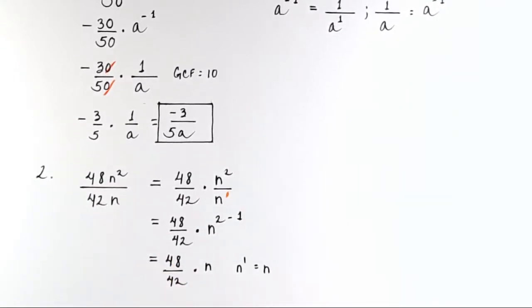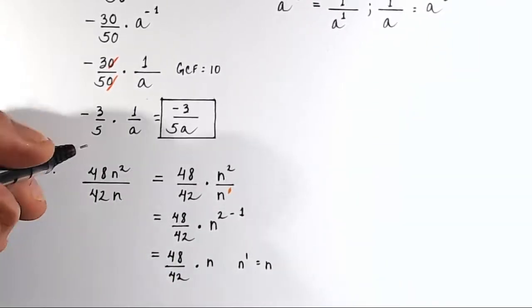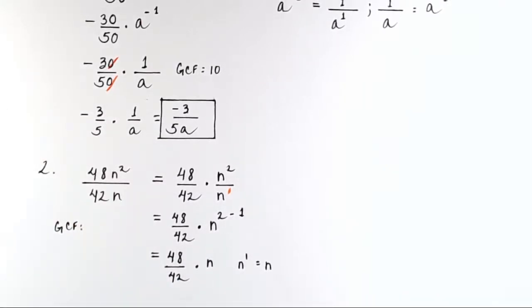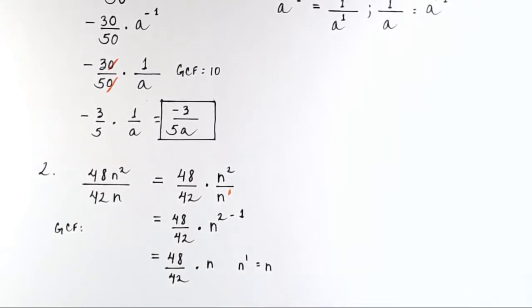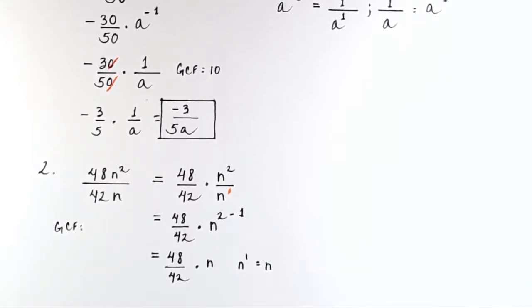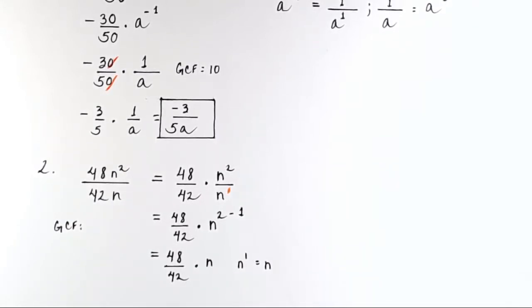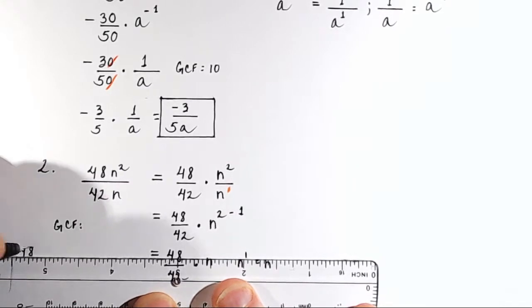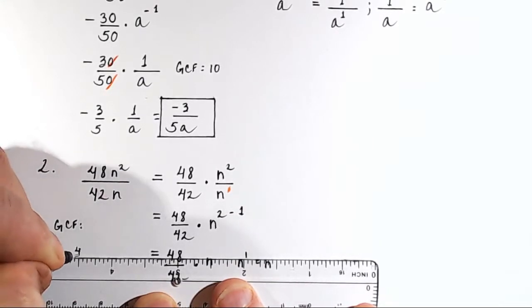All right, time to reduce this fraction. We need to find the GCF of 48 and 42. What is the GCF for 48 and 42? Well, we could sit here and guess, but there's a foolproof way to find it, and that is to prime factor.